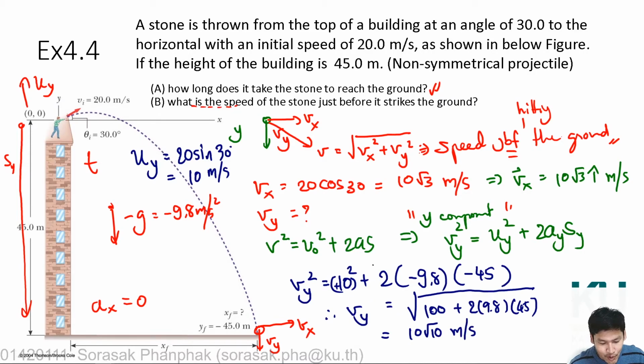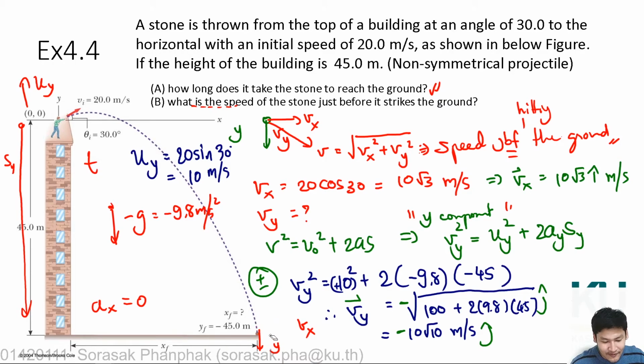This is your Vy in j components. However, since your Vy is moving downward, the sign of your Vy is supposed to be negative, right? Because as you can see in this calculation, you square it up and you take a square root, so it's going to be plus and minus for this case. So your Vy should have the negative sign.